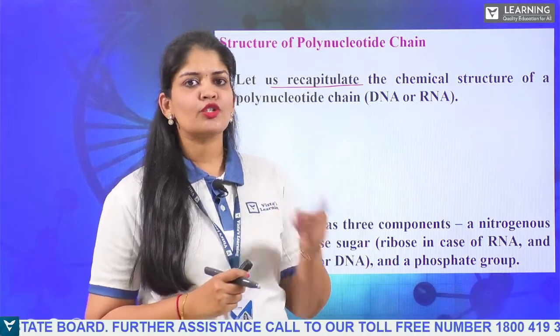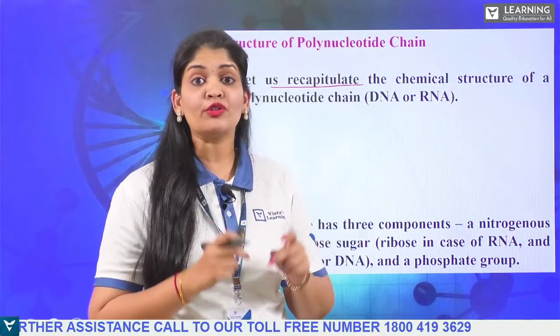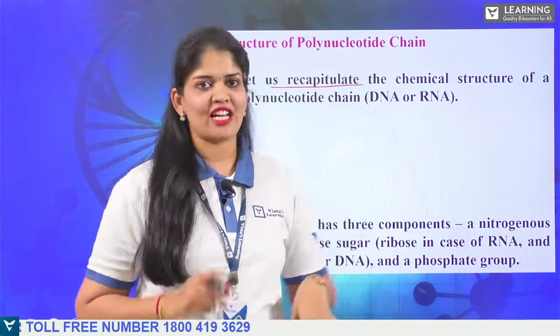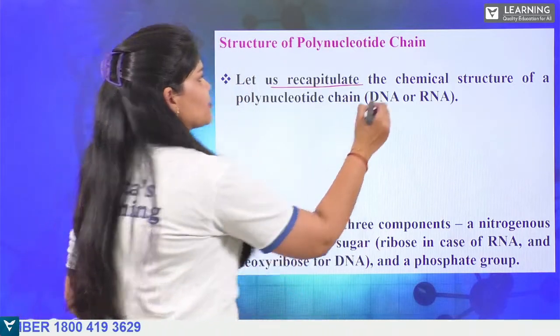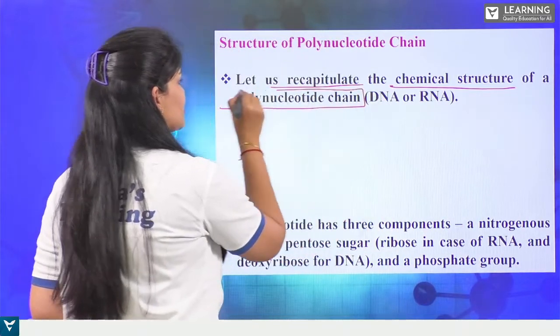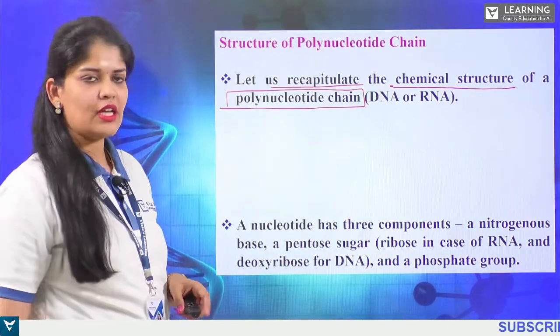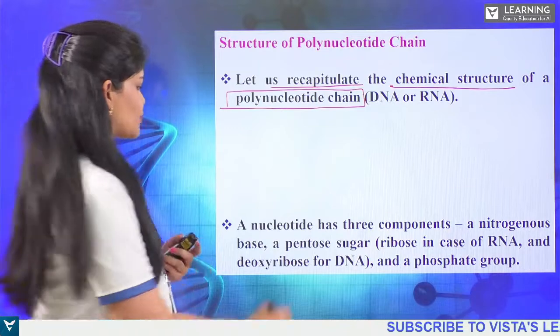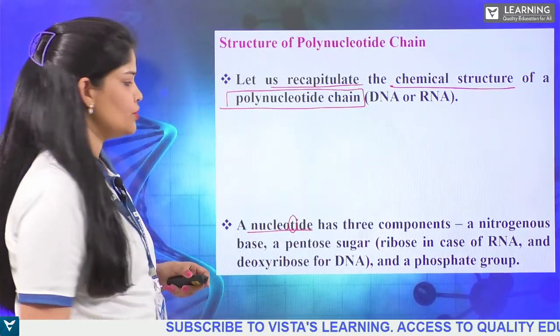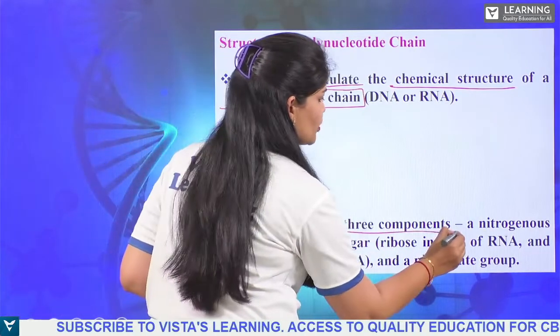And sugar, always present in the form of a pentose sugar, that is ribose. And the final thing is the phosphate group. So the chemical structure of a polynucleotide chain. Let's summarize it. As we already know, a nucleotide has three components in it.